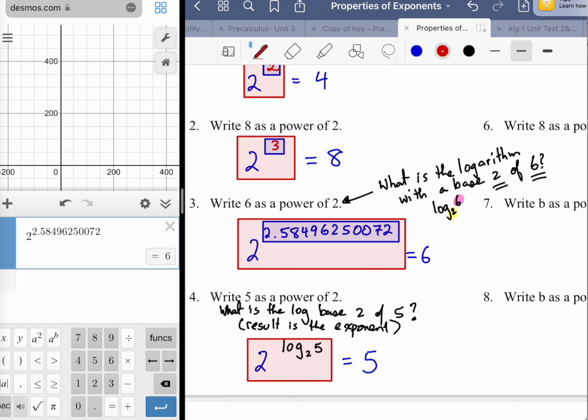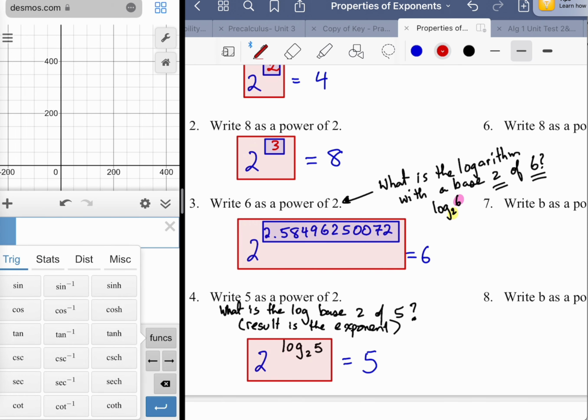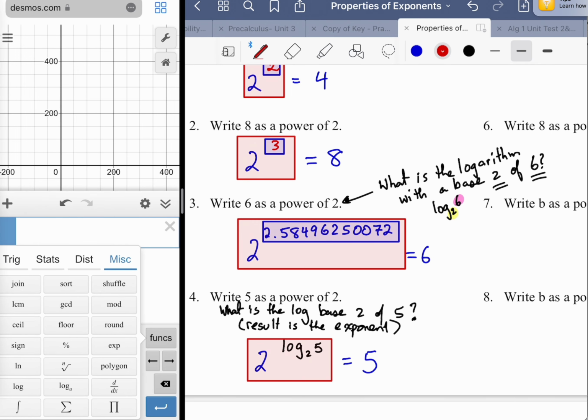So just going back a sec, in Desmos, if you go into function under miscellaneous, you should see an option for a log. Well, there's actually 3 options. One is the natural log, or log natural. That's actually where it comes from.